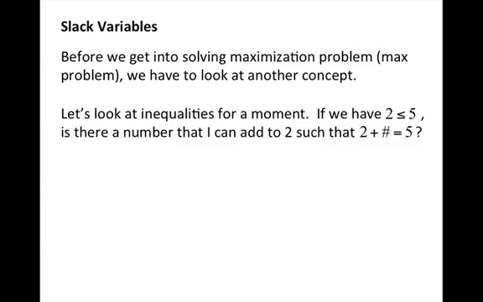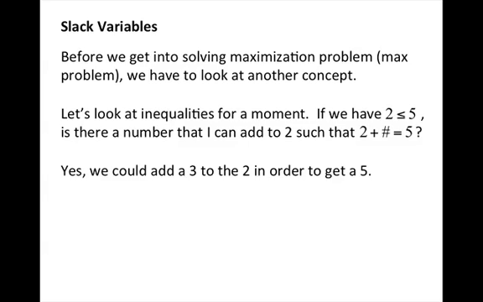inequalities for a minute. If I have 2 is less than or equal to 5, is there a number that I can add to 2 that would make that an equation? So is 2 plus some number equal to 5? And this is true. I could add a 3 to the 2 in order to make it equal 5.